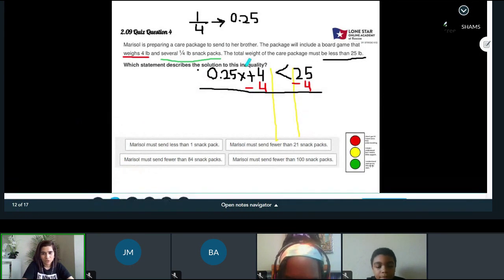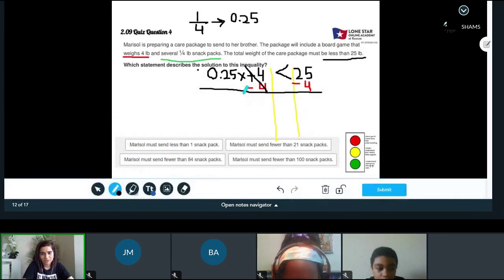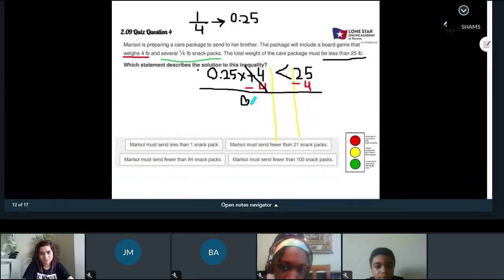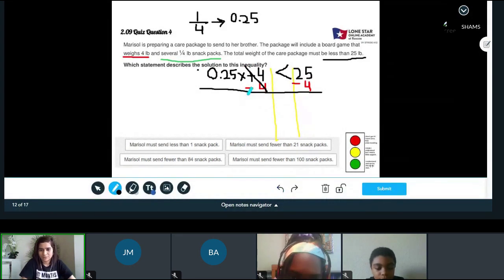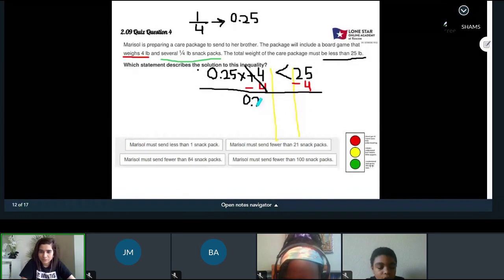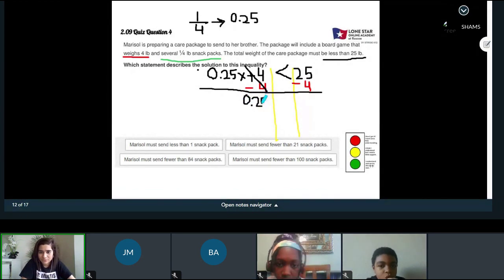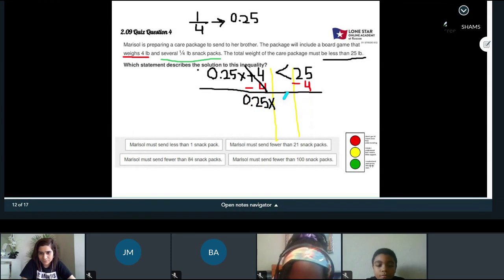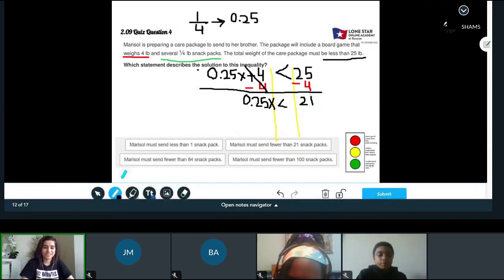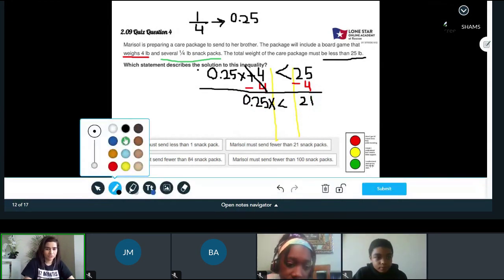Plus 4 minus 4 gives you 0, and then you have 0.25x, and that will be less than 21. To get x by itself, you will divide both sides by 0.25.